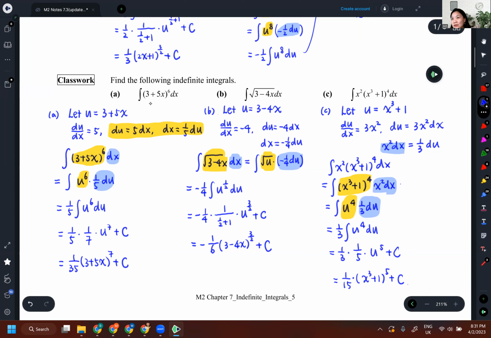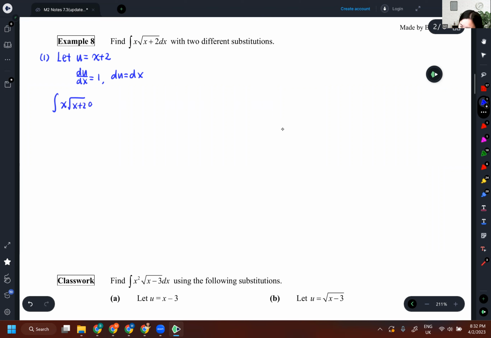So the substitution is very easy. This integral is changed to (u minus 1)(u minus 2) square root u times du.